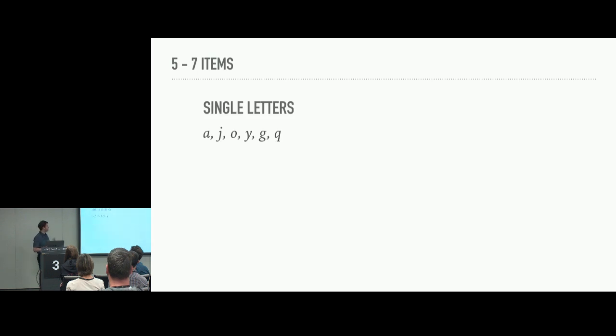So for instance, if I'm asked to remember words that are arbitrary collections of letters, then the units are actually not the words, they're the single letters. I have to remember the individual letters, so I can remember maybe a single word that has 5 to 7 letters. On the other hand, if there are words that I actually recognize, I can chunk the information, and then I can remember, say, 5 to 7 words.